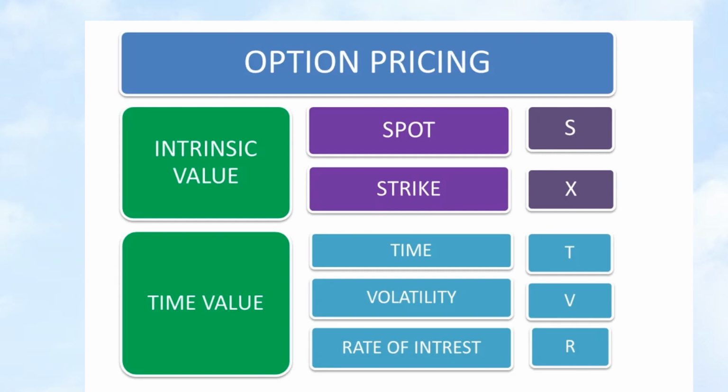Volatility refers to the standard deviation of the price. Then the rate of interest, that is the risk-free rate of interest. If you are not using derivatives and you are depositing in a bank, how much interest will you receive? By sleeping at home, you will receive minimum interest. That is the risk-free rate of return. These are all the things we will consider in option pricing.